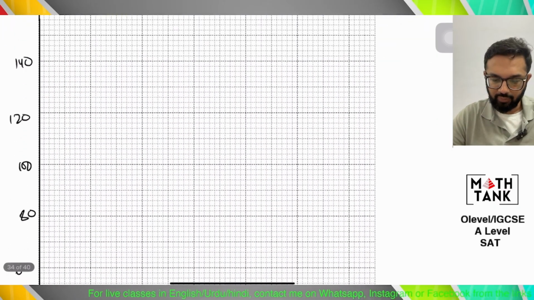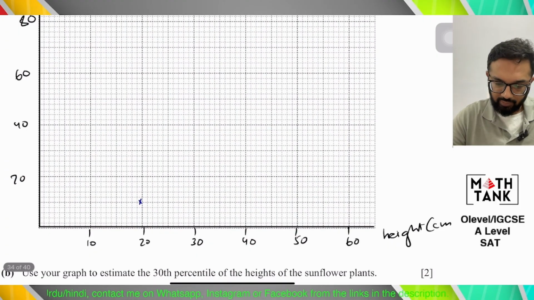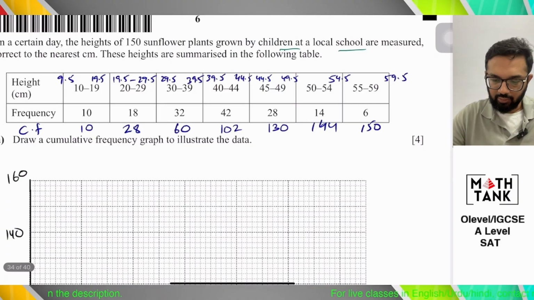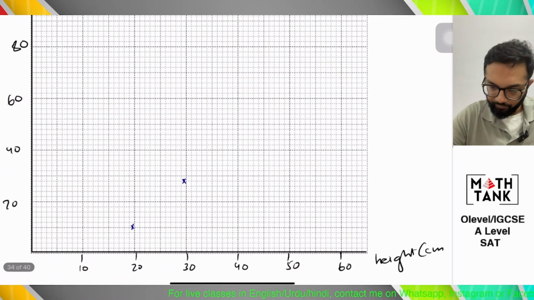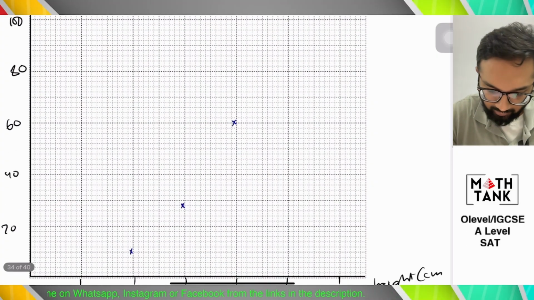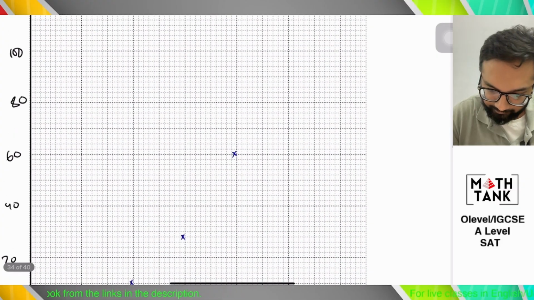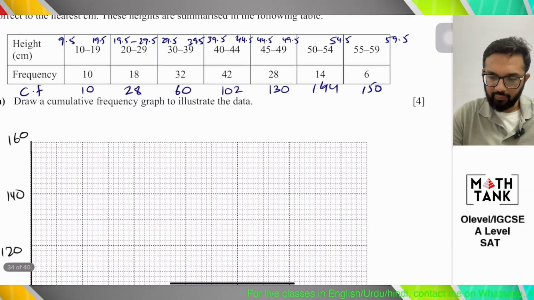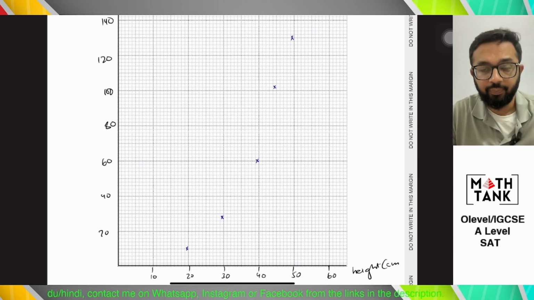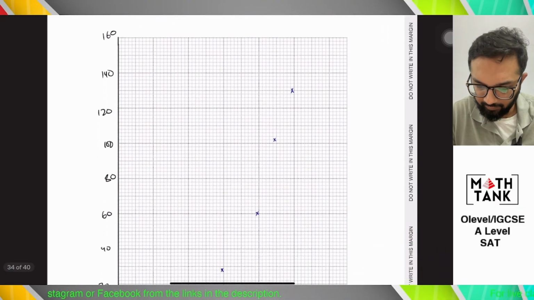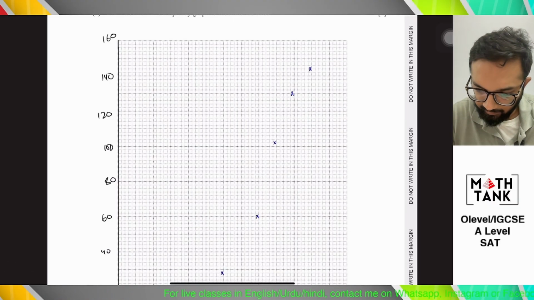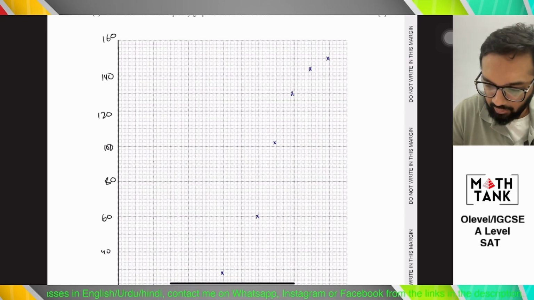Then I have 29.5 and 28, 39.5 and 60, 44.5 and 102, 49.5 and 130, 54.5 and 144, and 59.5 and 150. Okay, let's join these with a curve.